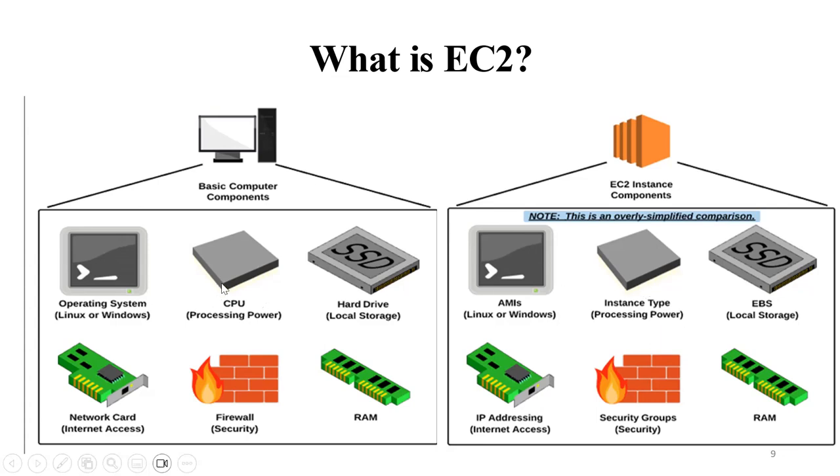And next, from the CPU and memory point of view, if you are going to define that whenever we are launching the EC2 instance, the concept available is instance type. Instance type decides how many core processing units are required for the virtual machine which you are launching, and what is the capacity of the RAM that is required.